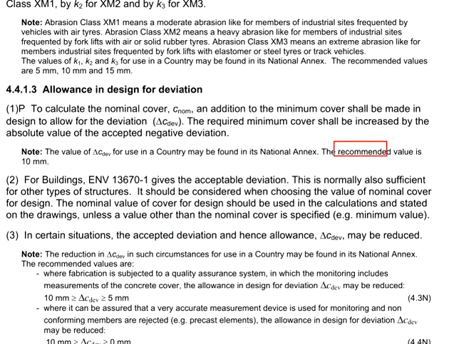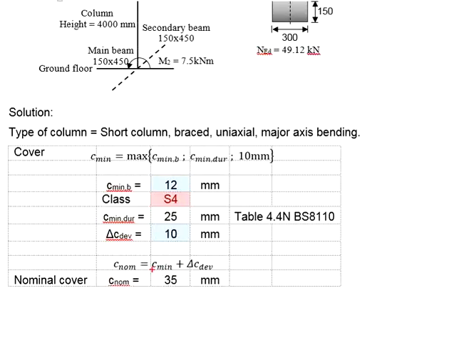The recommended value for the allowance for the deviations shall be equal to 10 mm. That gives you 25 plus 10 mm. In total, you will need the nominal cover of 35 mm.